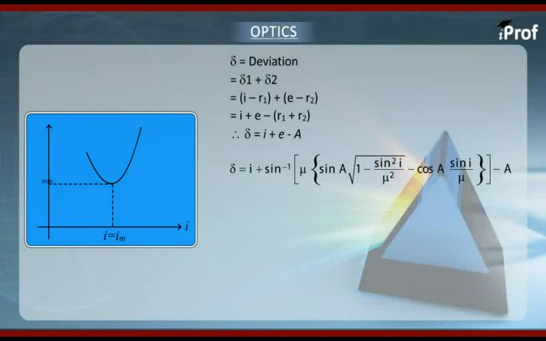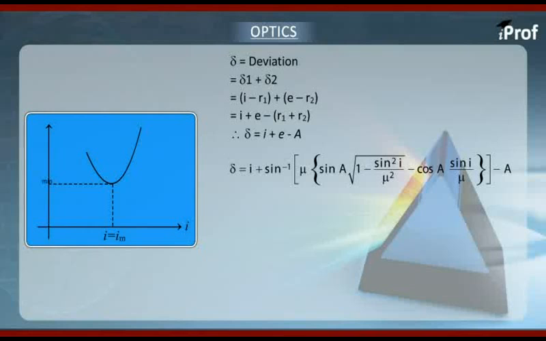Now we would like to trace a graph between deviation versus angle of incidence. Obviously, the expression for deviation as a function of angle of incidence is not simple. By using Snell's law, we can substitute the value of angle of emergence in the equation, and that finally gives me the expression for deviation as a function of angle of incidence, which is shown on the screen.